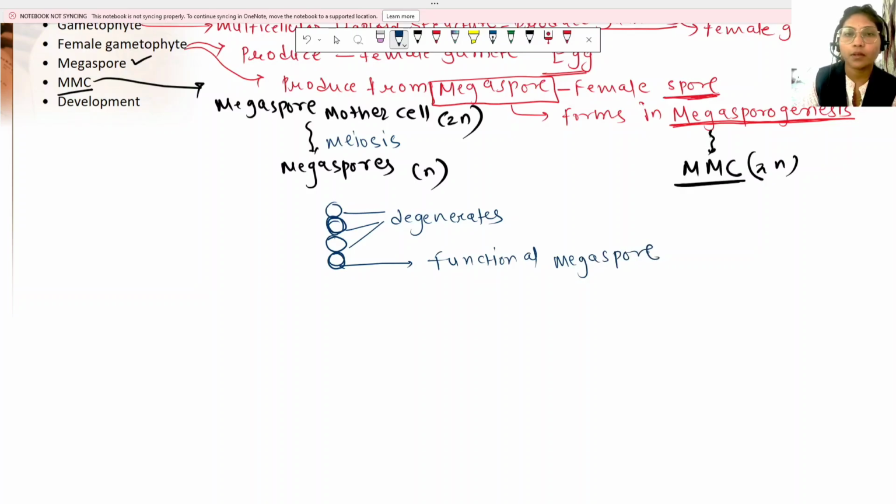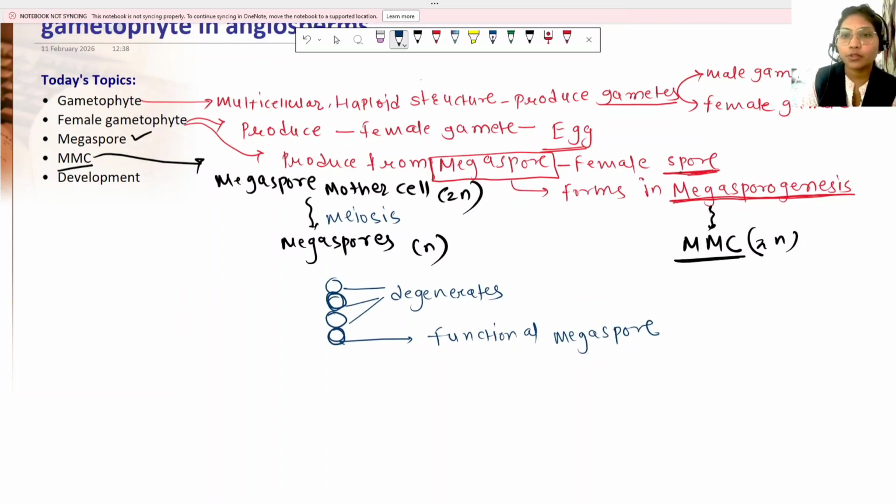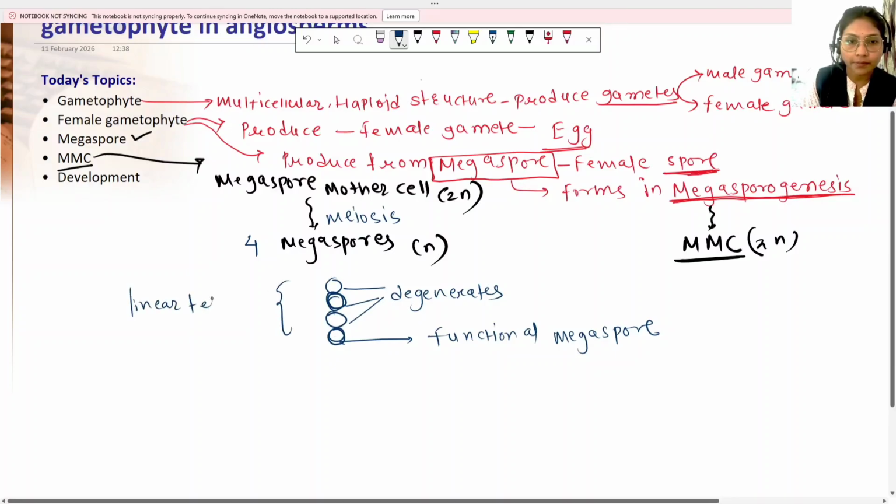What is megasporogenesis? Megasporogenesis is the process of formation of megaspore, and megaspore will form from a diploid cell which is known as megaspore mother cell. Megaspore mother cell will undergo meiosis and form megaspores. How many megaspores? 4 megaspores. These 4 megaspores are arranged in a linear form, so we call it a linear tetrad.